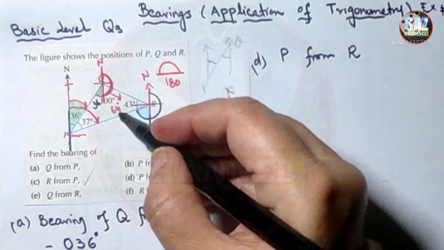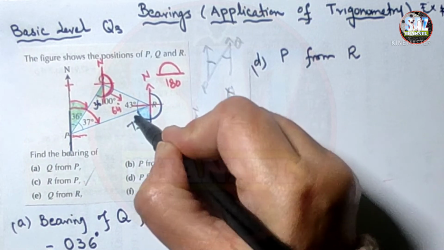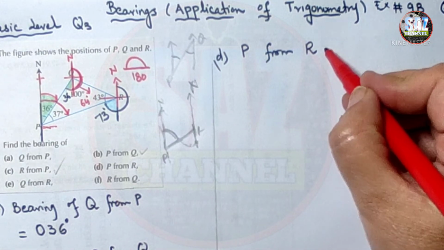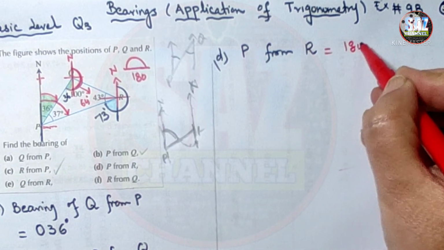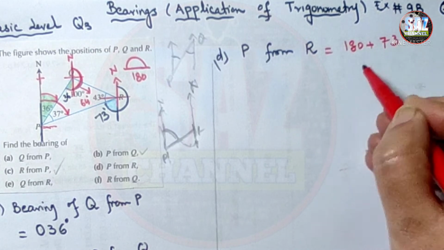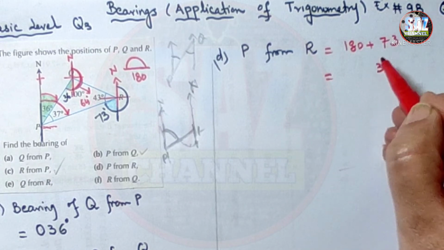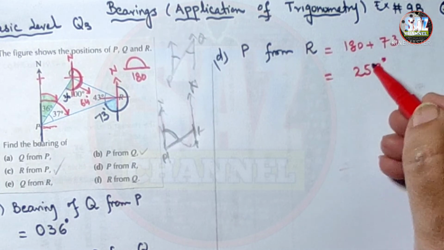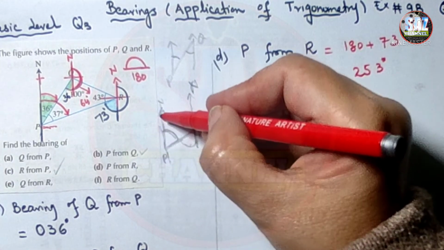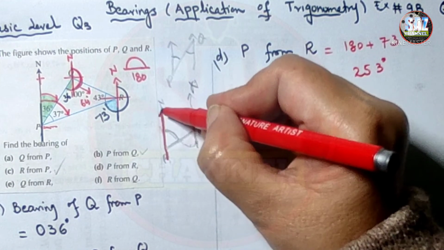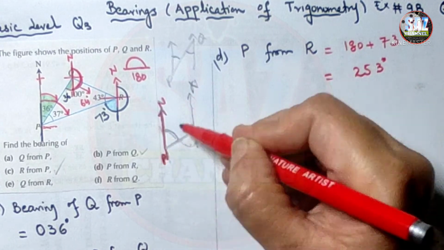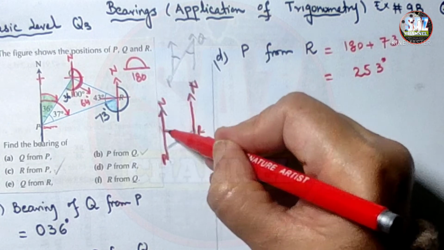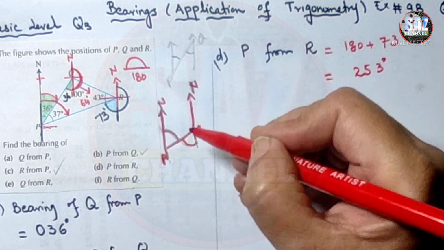So it means here the angular turn will be 73 degrees. So the bearing of P from R is 180 plus 73, 3, 8 and 7, 15 and 253 degrees. I hope, students, you are really clear how we are making use of alternate angles and how we are finding the required angle.